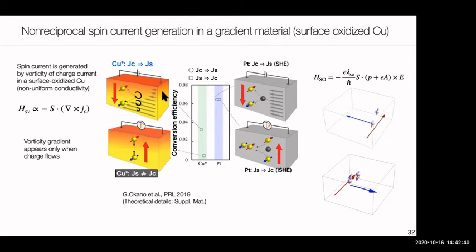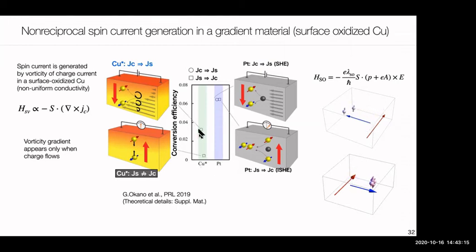So if you consider the inverse process, if you inject a spin current in this direction, nothing happens, because in this situation we have no vorticity field, because of the absence of the electric field, or the non-uniform electric charge current configuration.